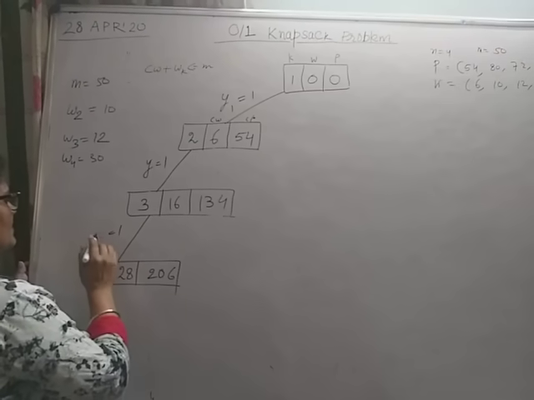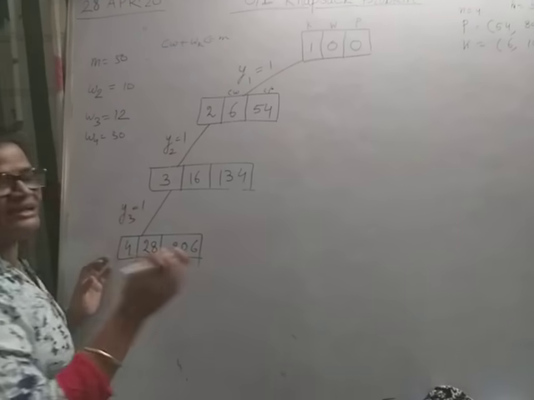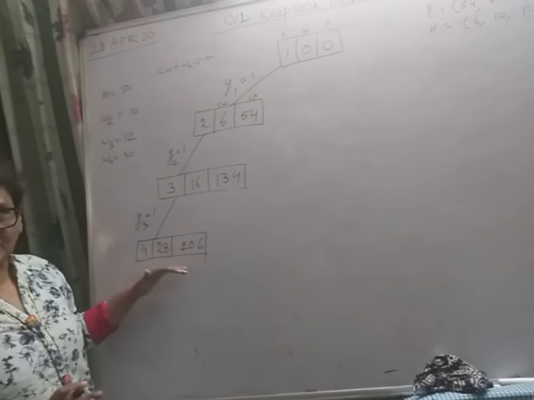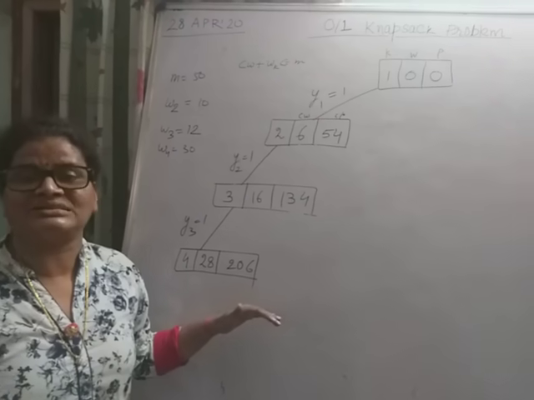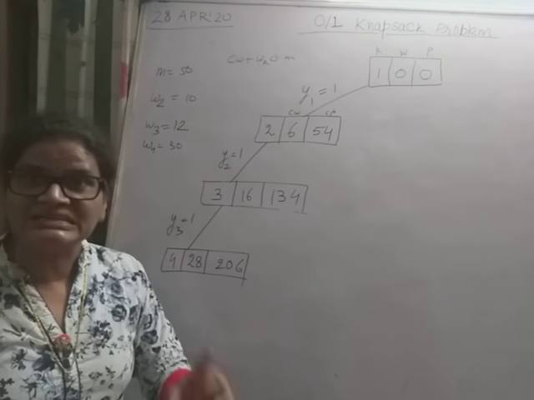Okay, and when finally we get one solution, then y will be overwritten into x. The reason is that the 0-1 knapsack problem has a number of feasible solutions, but we need a single solution.